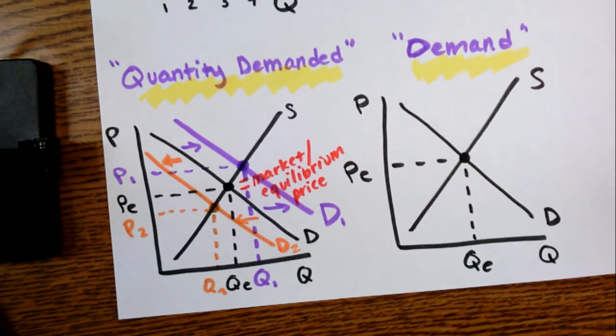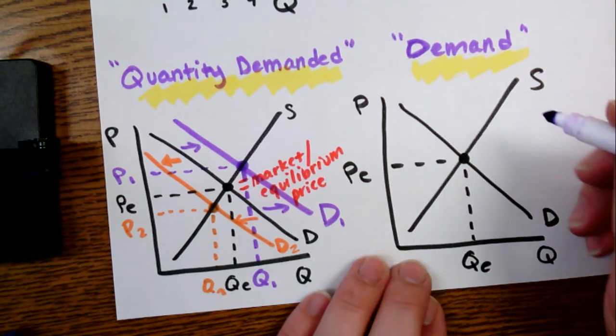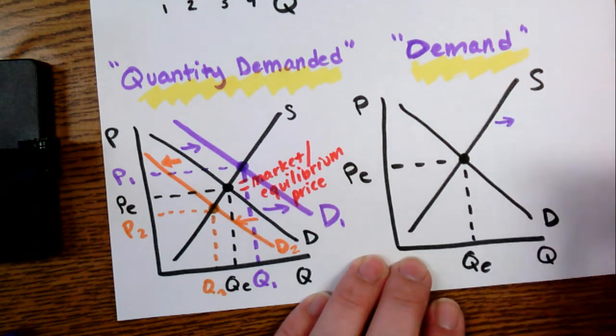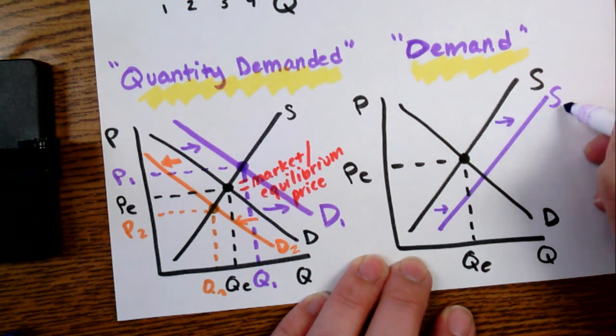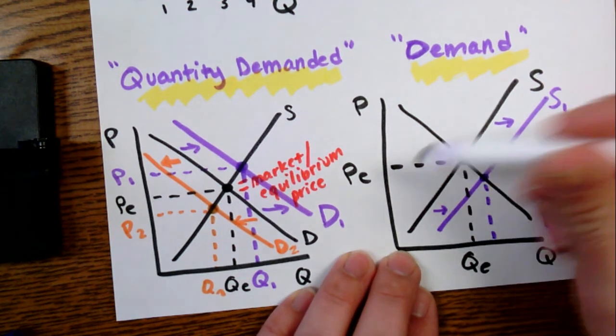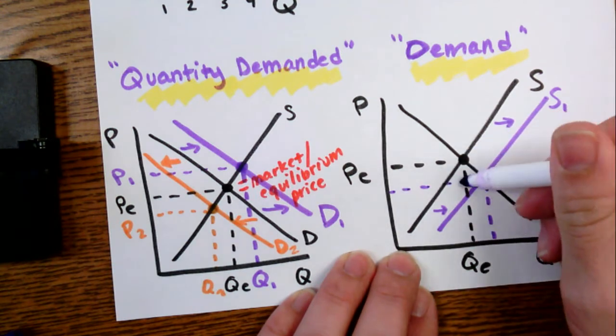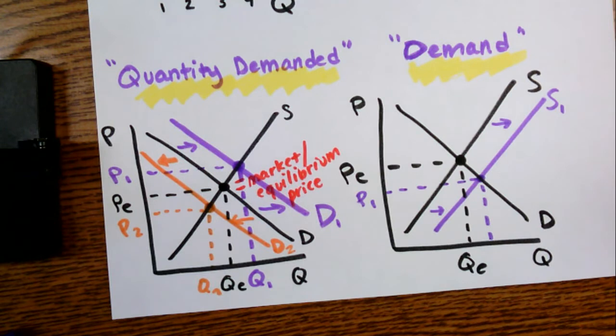Supply is tough for a couple of reasons, and mainly it's because of the way it looks. So a supply increase is the same as a demand increase. So if the supply of, let's say, apples increased because of new technology that enabled farmers to take the apples off of the trees in a more efficient manner, that shifter would be called technology, and we would see the supply line shift to the right.